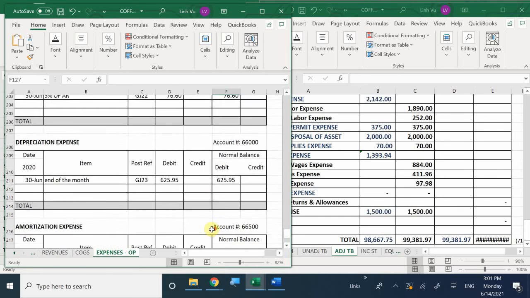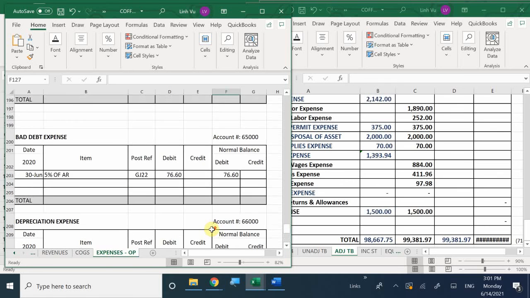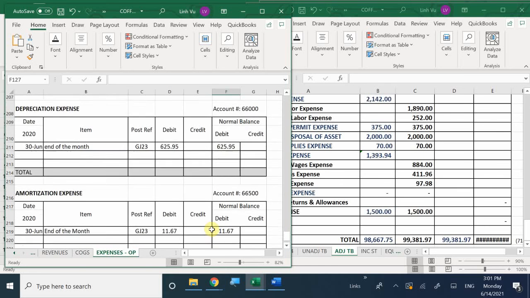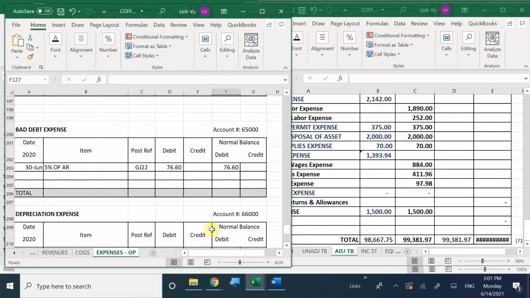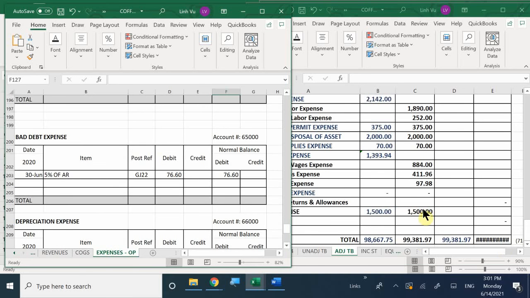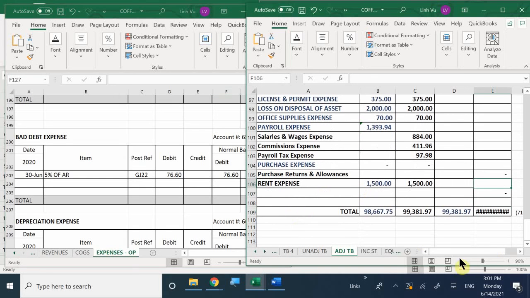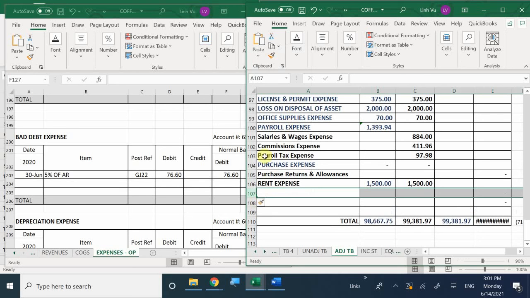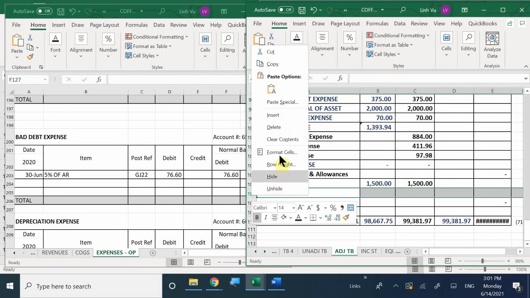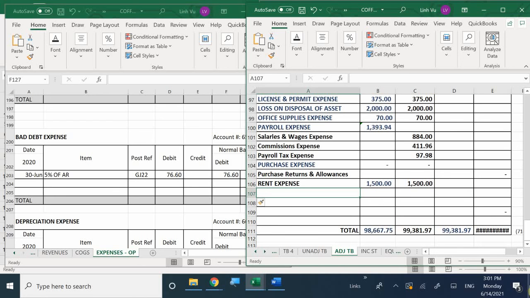However, we have 3 more accounts. We calculated for bad debt, depreciation, and amortization. So if you need to add a few lines, go ahead and add them. We're adding 3, the last 3 being bad debt, depreciation, and amortization. I'd even change rent expense to the blue color.